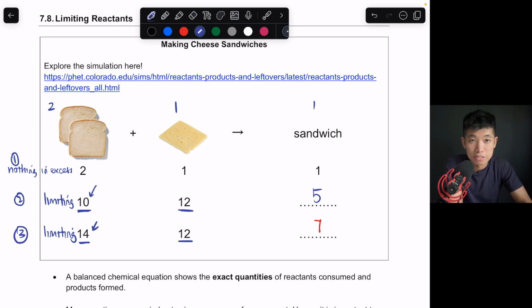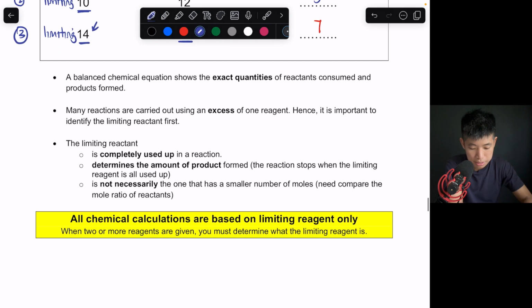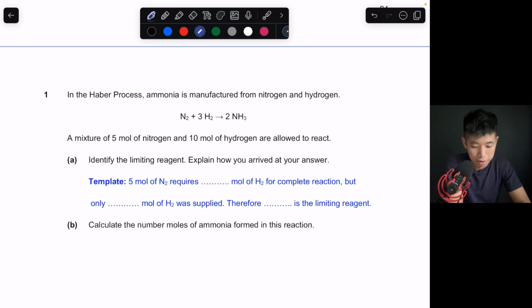Even though I have more slices of bread than cheese, that is still the limiting reactant. Why? Because in making a sandwich, I need twice the number of pieces of bread for every slice of cheese. That is what I mean when I say not necessarily the one that is in smaller quantity. You have to look at the ratio that you need in the reaction. Okay, so I've summarized what I've said at the bottom here, and in yellow I highlighted very importantly, when you do calculations, always determine what is the limiting reactant. Okay, let's work through a few examples and you'll have a better idea.